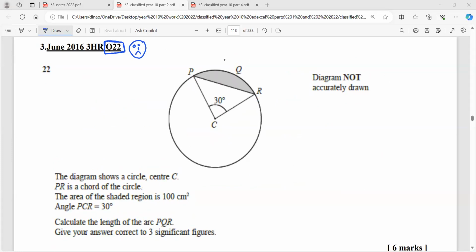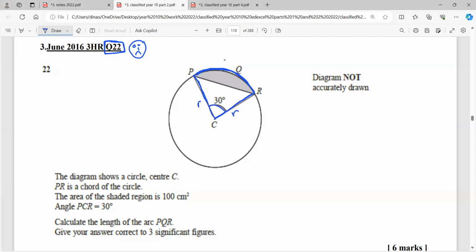Here it says the diagram shows a circle and shows a chord and so on. The question requires the length of this arc over here. As you can see, this arc is a part of my sector, and as we said, the major components of the sector are the angle and a radius.